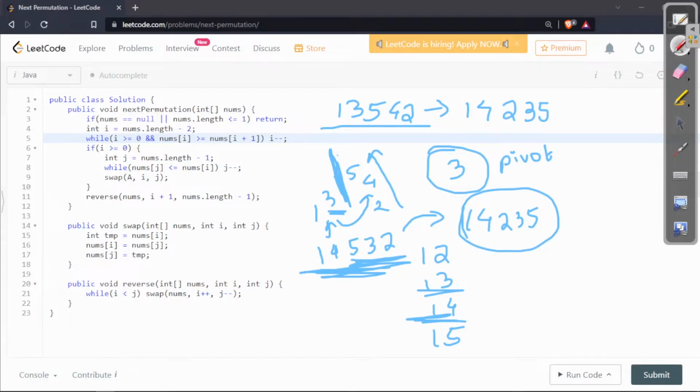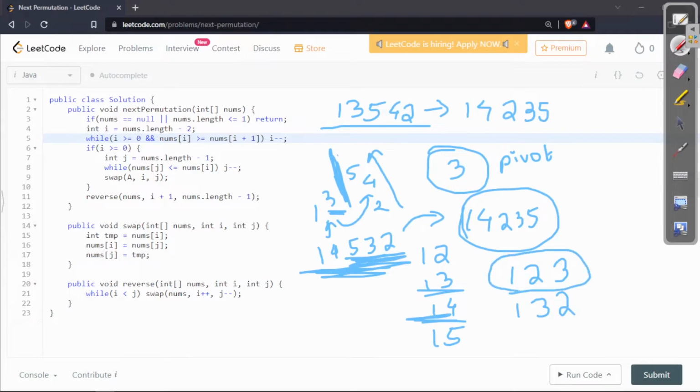Let's see why we are sorting this part. Suppose you are given something as 123. Are there any numbers which are lesser than 123? Every number we will get will always be greater than 123.